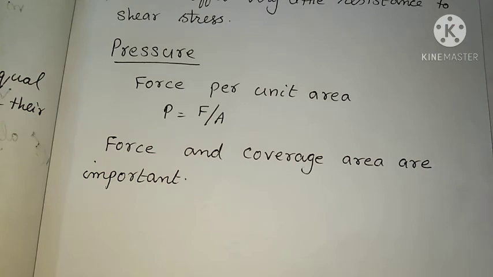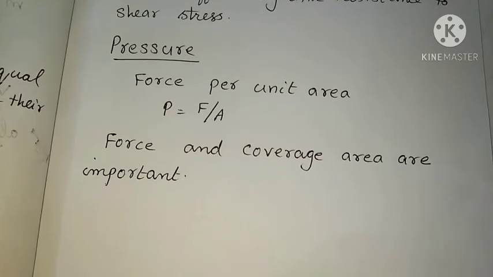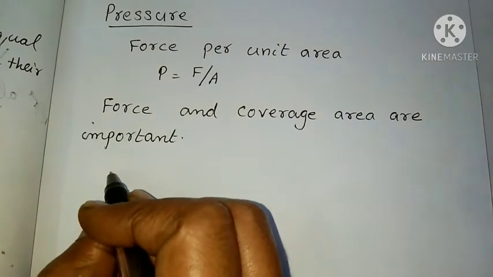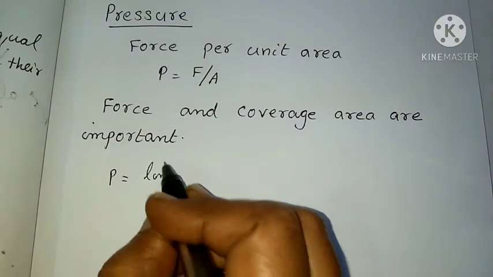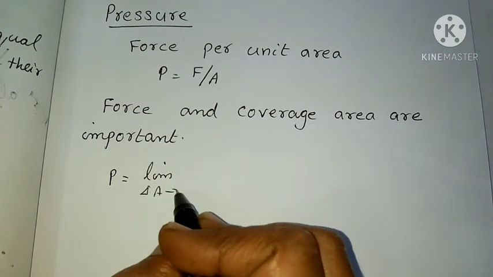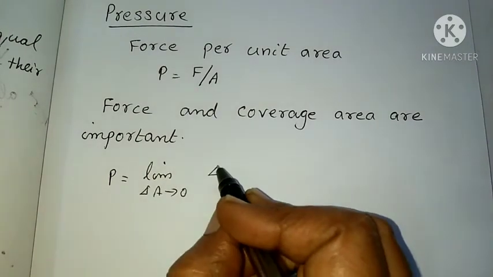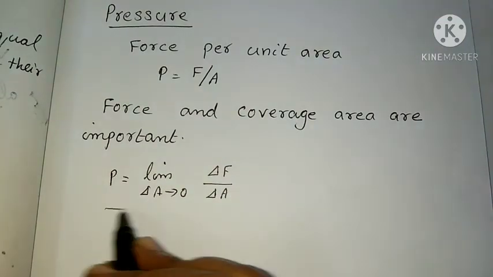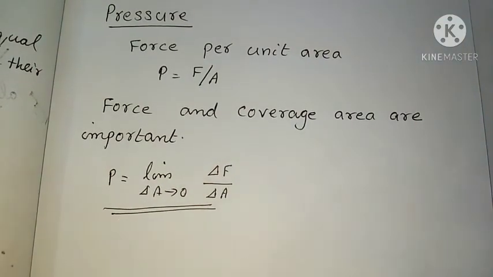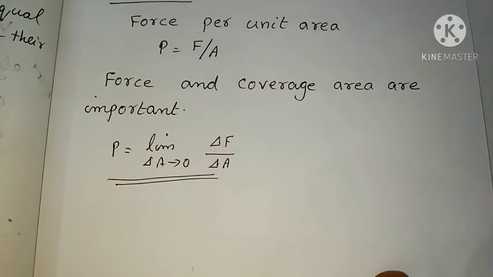If the area of the piston is made very small, then the pressure is defined as a limiting value. Then we can write P equal to limit delta A tends to 0, delta F divided by delta A. So this represents that the area of the piston is limiting to be very small.